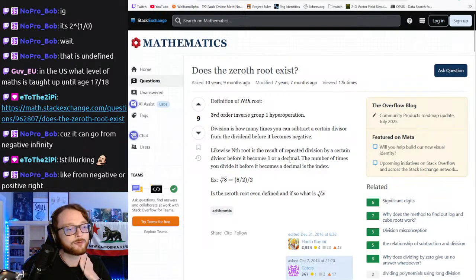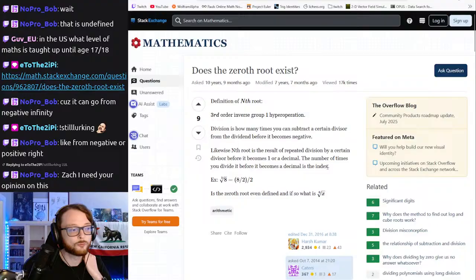What level of math is taught until age 17, 18? The minimum that was required for my high school, I think, was algebra 2, which is finding roots of parabolas type of math.